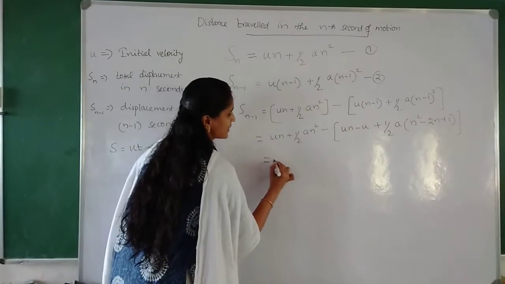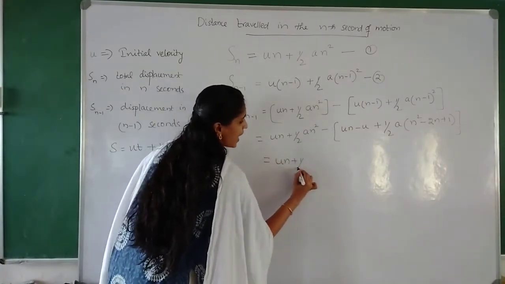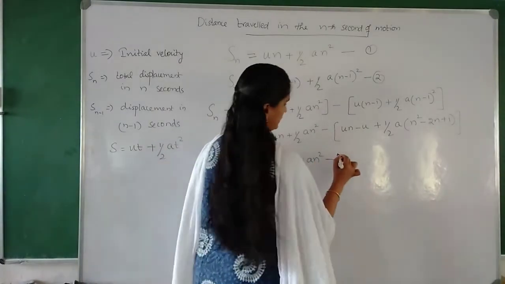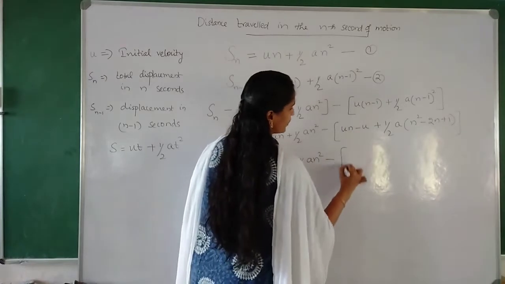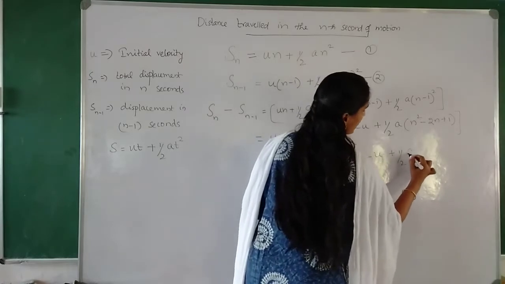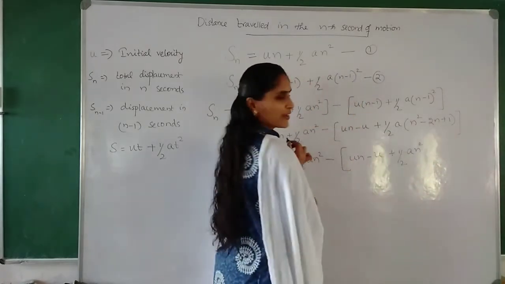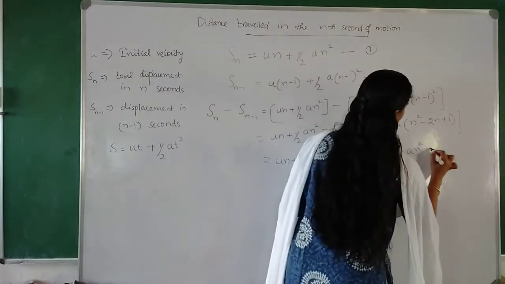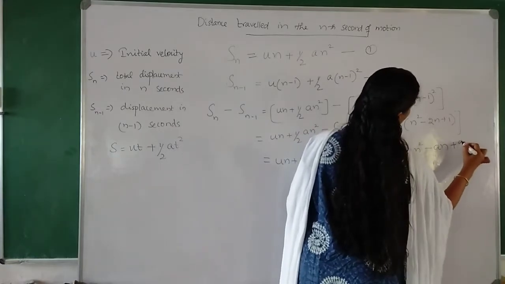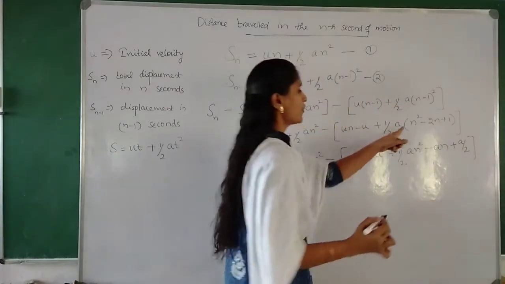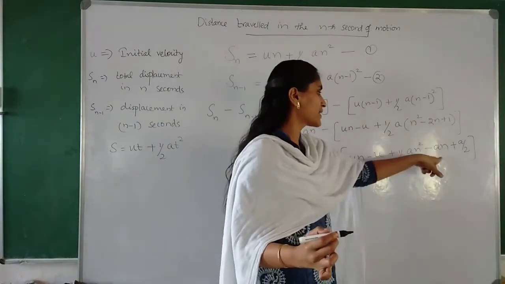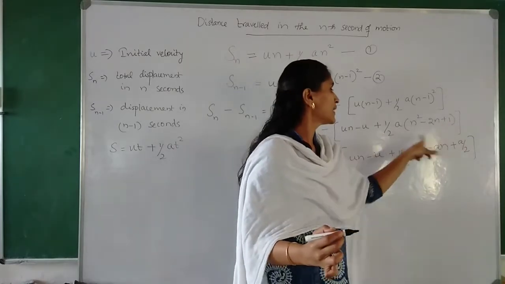Or we can write it as un plus half a n square minus, and once again we can simplify. Half a n square, half a into minus 2n, the 2 will get cancelled, so you get minus a n plus a by 2.